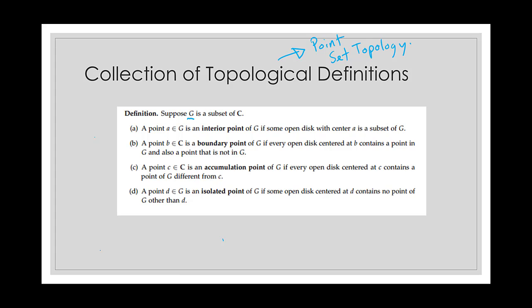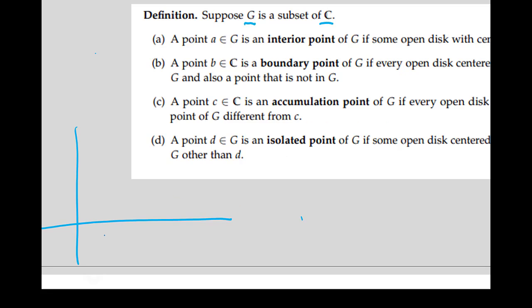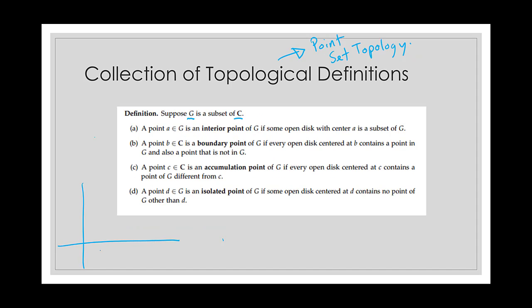So let's suppose G is a subset of C. Okay, so I'm going to pick a subset here. So let's say G, let me use a different color. So there's our complex plane. And let's say G is this blob that contains this, and then let's say it's missing a little bit of this.